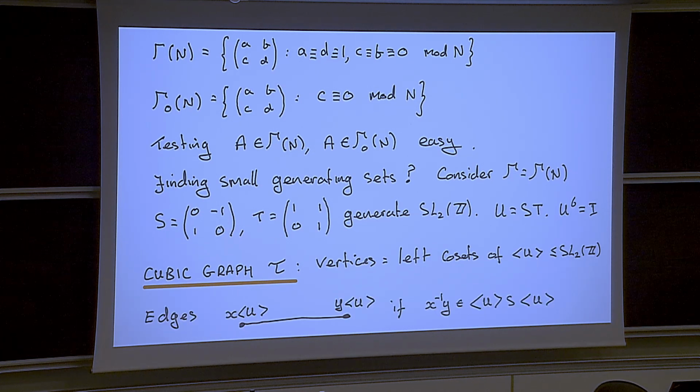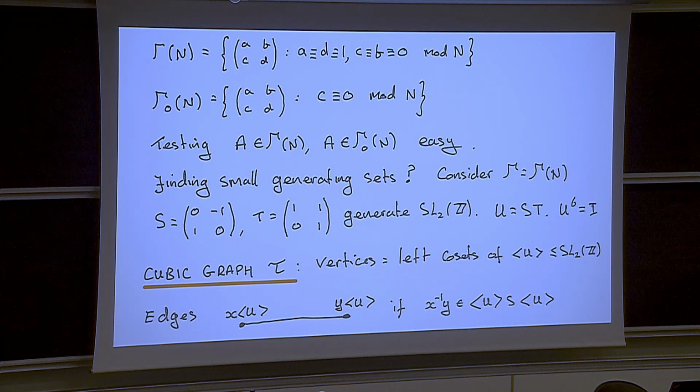There's going to be an edge joining two vertices, the left cosets X times the group generated by U and Y times the group generated by U, precisely if X inverse Y lies in the double coset: something in the group on the left, times S, times something in the group on the right. So if this difference lies here, you stick an edge.